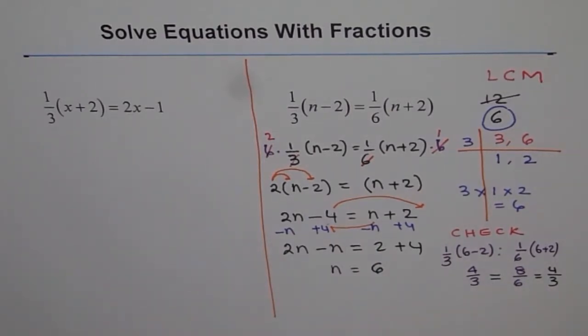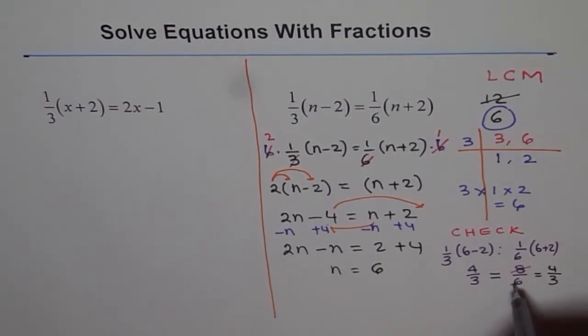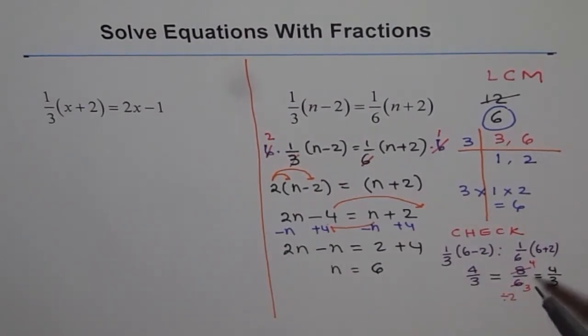So there you go. It is a perfect answer. How did I get 4 over 3? Divide by 2. So I get 4 here and 3 here. That is what we get if we divide by 2 on both numerator and denominator. Correct. So that is how you solve these kinds of equations where we have different kinds of denominators, right?